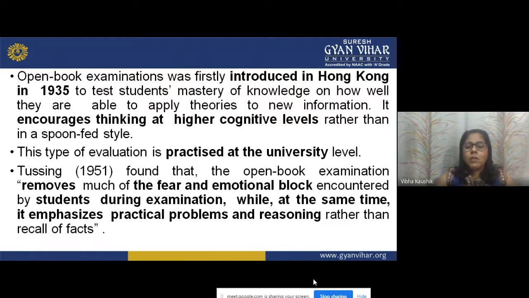At the same time, it emphasizes practical problems and reasoning rather than recall of facts. Means it is not focusing on memorization, it is giving importance to the practical problem and reasoning abilities of the students.